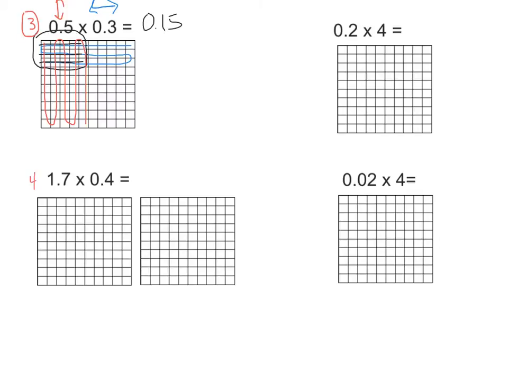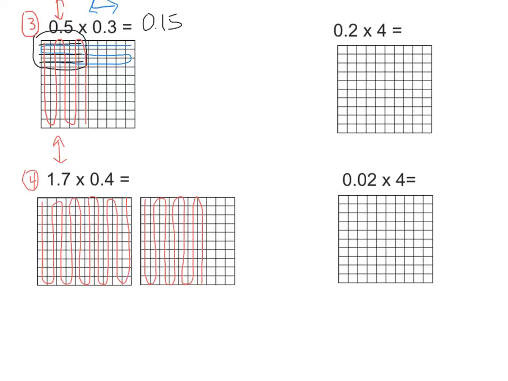Now let's try an example with a whole number. Once again, I'm going to start the problem by modeling the first number. So 1 and 7/10. So I know I am going to have to shade a whole grid. And I'm going to go into the second grid and model 7/10. 5, 6, 7.